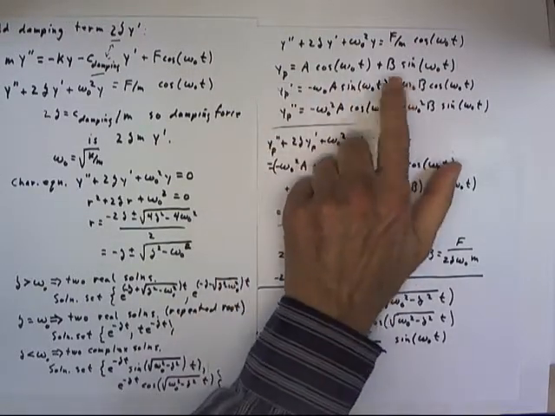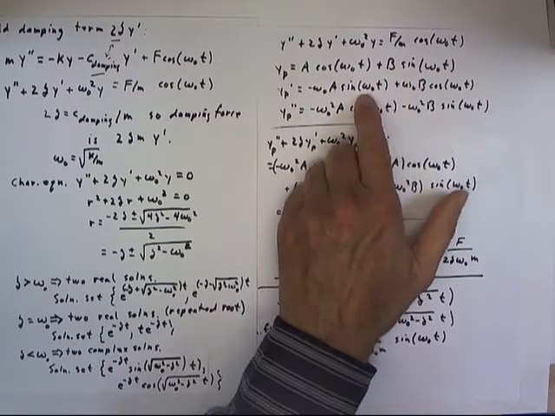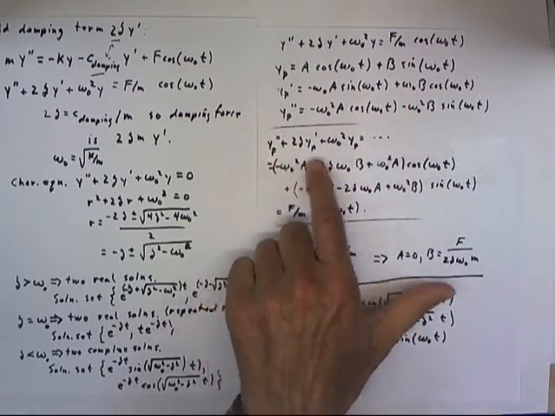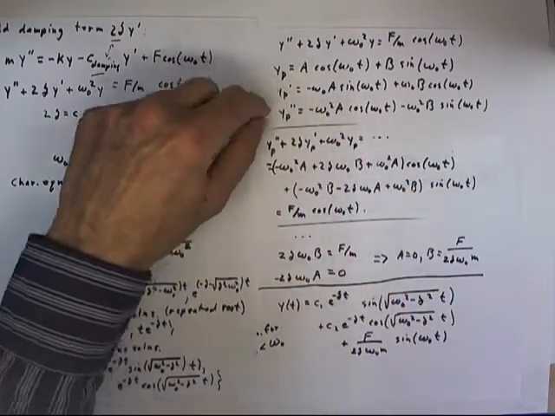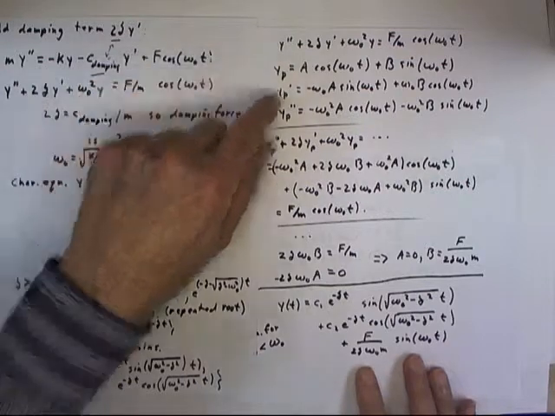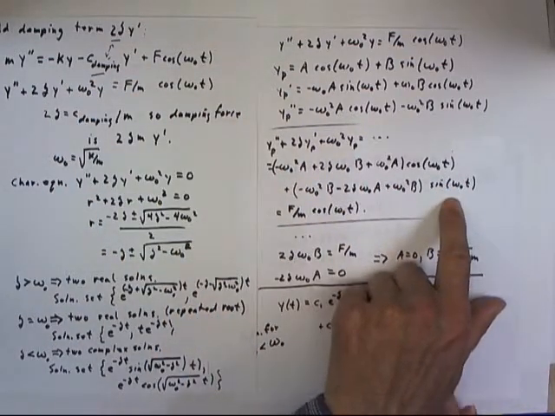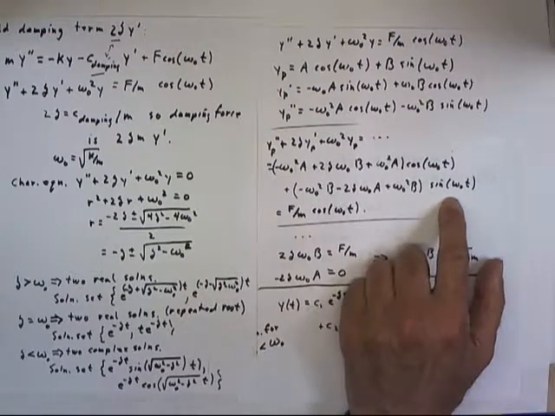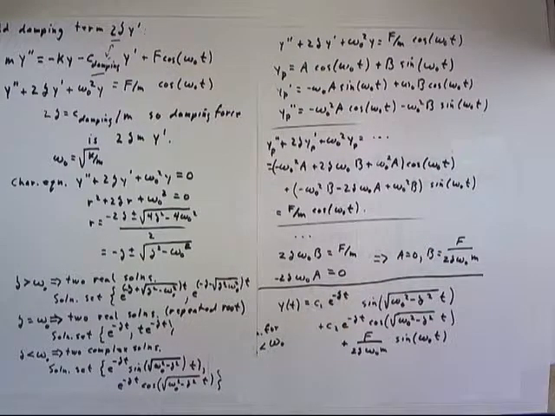Having assumed this solution to the non-homogeneous equation, we take the two derivatives and plug the three functions, the two derivatives and the original function, back into the original equation, which gives us this. I'm not going to belabor this because the process is identical to that we followed previously.